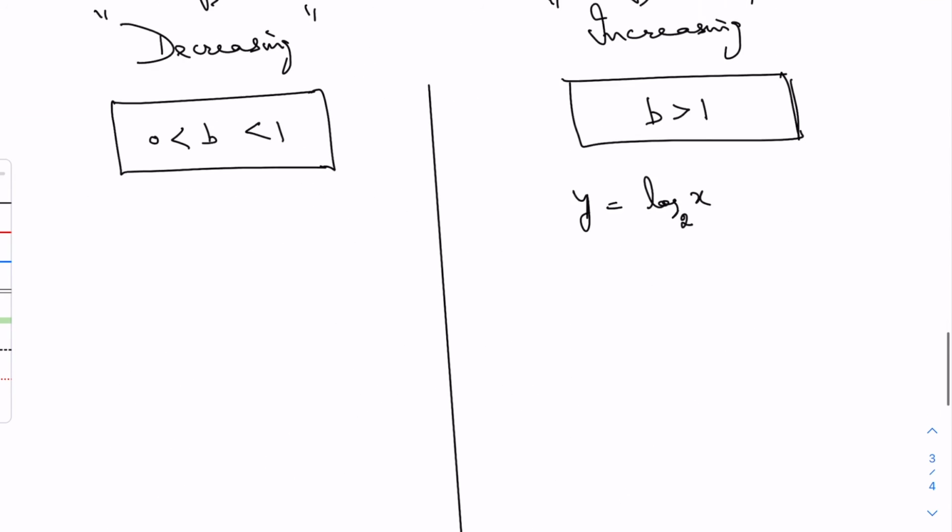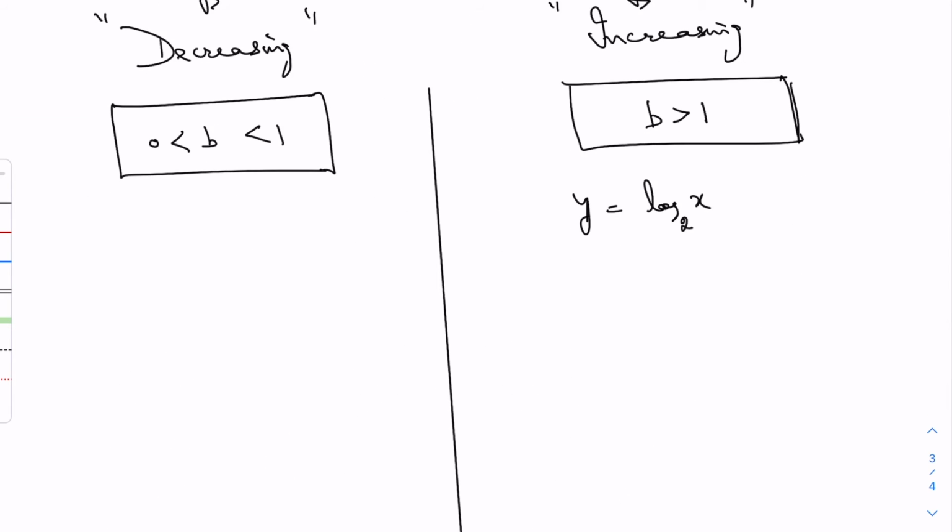Because this notation is new for us, I will just convert it into the exponential format. Writing this is exactly the same as writing that x is 2 power y. These two things, as we have discussed, are the same.